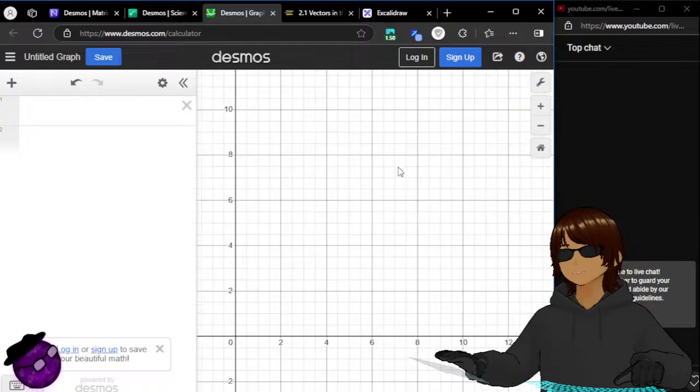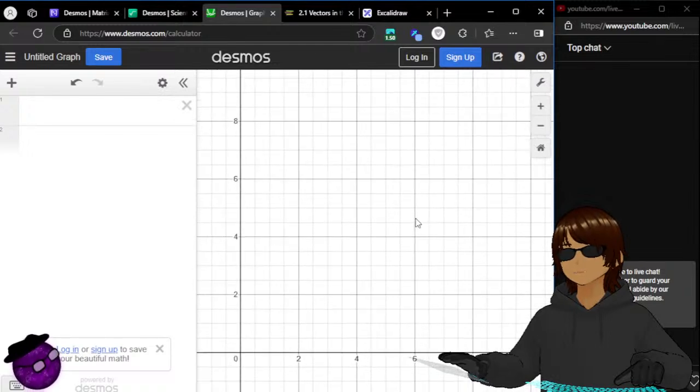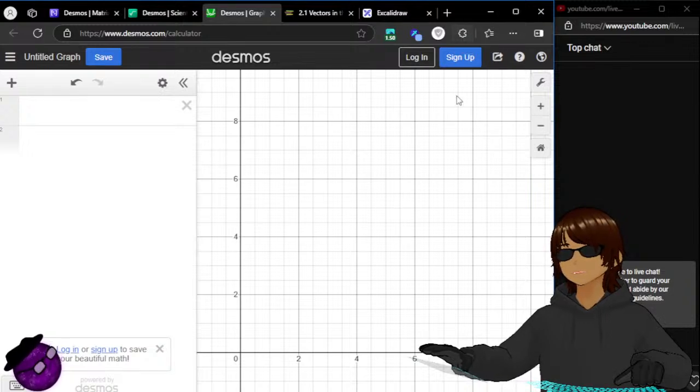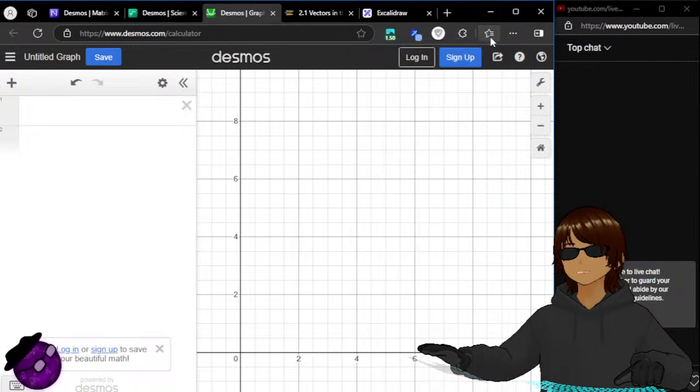(1,1) and (8,5), these are right. Hold on, is there any screenshot extension?